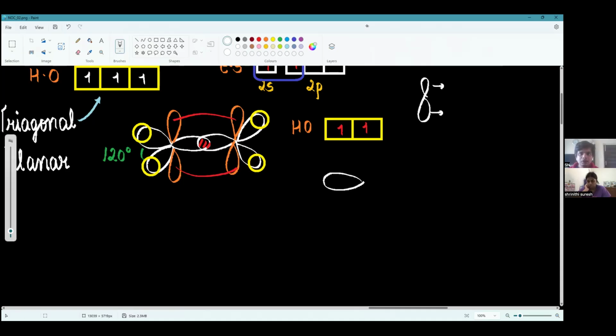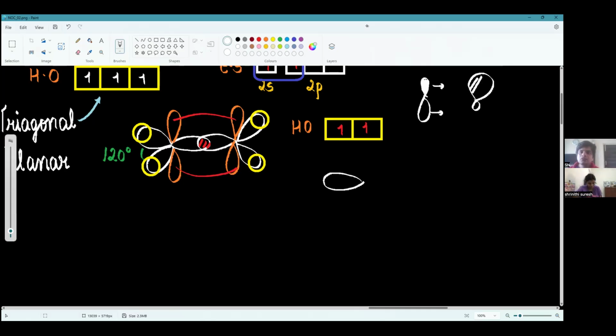For example, this is just an example. If this lobe which is colored is going for overlapping, then it automatically expands its area, and the lower lobe, which does not go for any bond formation, is squeezed up like this. So here there will be overlap. Got it, madam?